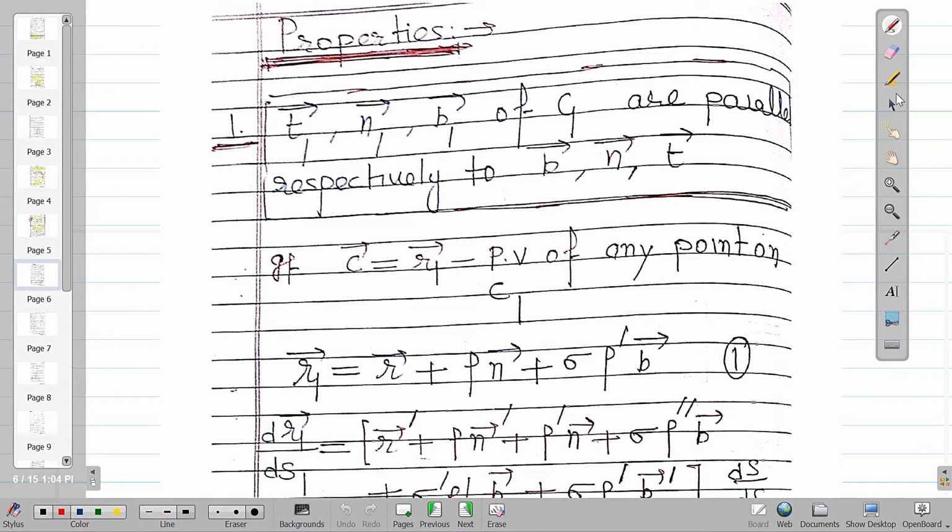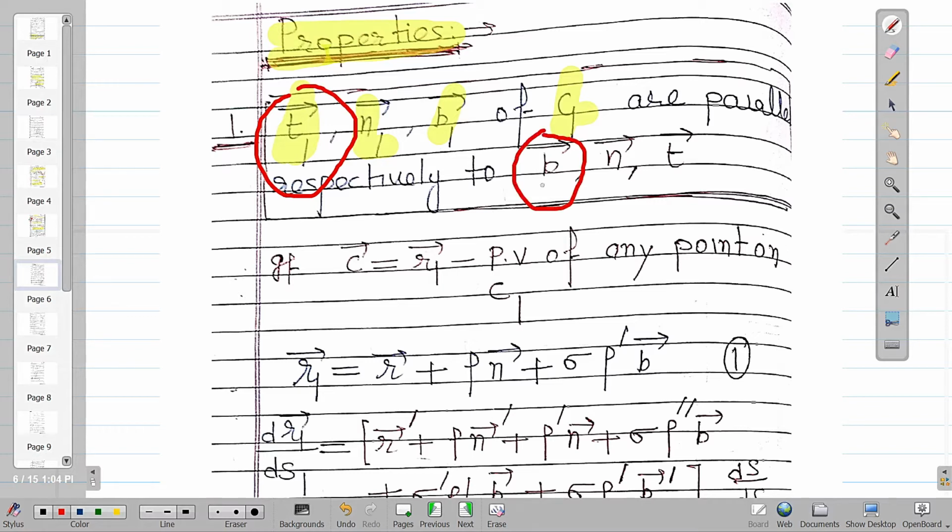So property number 1. Just see what the property is. This T1 vector, clear? This T1, N1 and B1 are related to curve C1. So remember, and this T and B are related to curve C. Now our purpose is to prove that this T1 is parallel to the B vector.